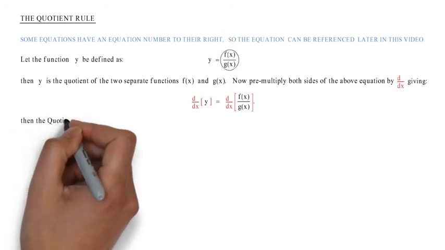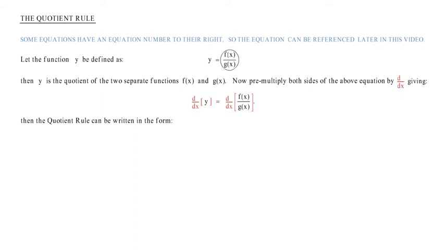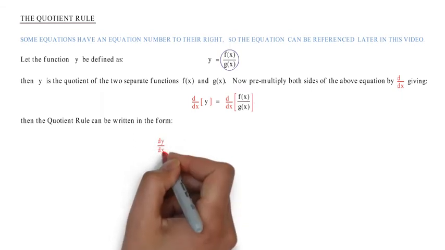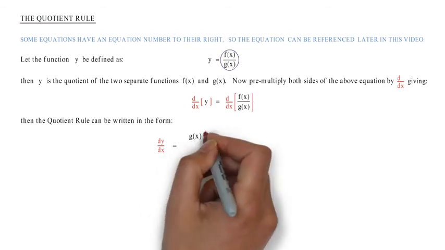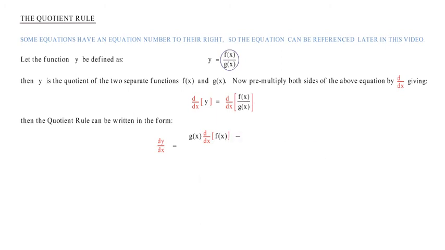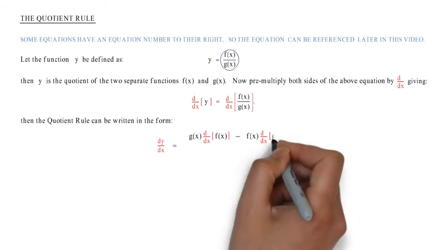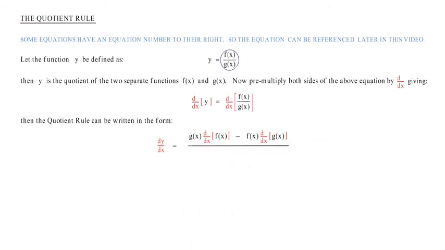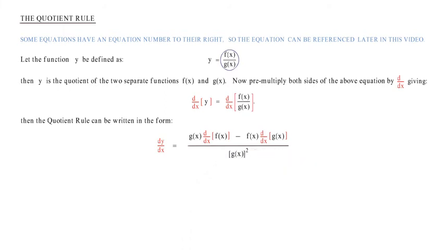Then the quotient rule can be written in the form dy by dx equals g of x times d dx of f of x minus f of x times d dx of g of x, divided by g of x all squared. Call this equation equation 1.